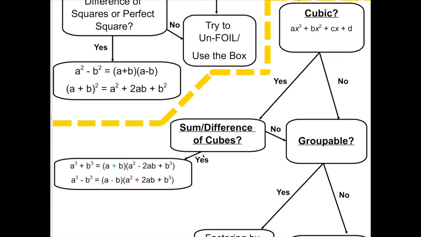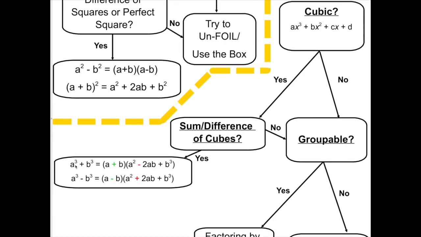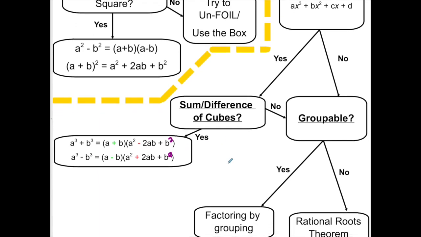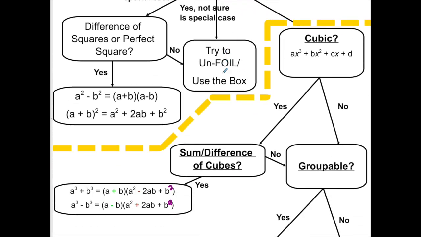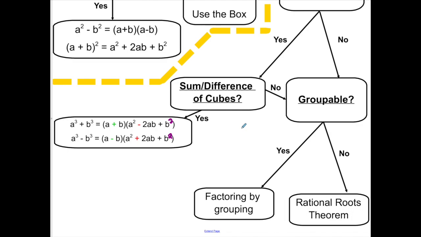If it's a sum or difference of cubes, we can use our rule: same, opposite, always positive. Okay, and that should not be b cubed. This should be b squared. Or if not, we can see if we can use factoring by grouping, something that also works on quadratics, but which I don't tend to use as much.